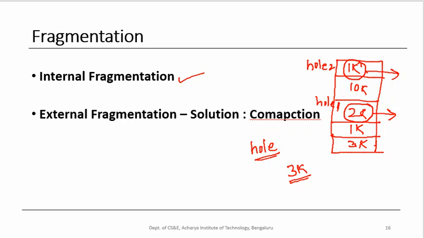Now suppose a process makes a request for 3K space. Though we have 3K available in the main memory, we cannot allocate it because the memory blocks are non-contiguous.